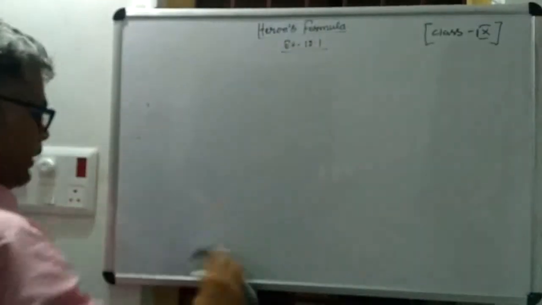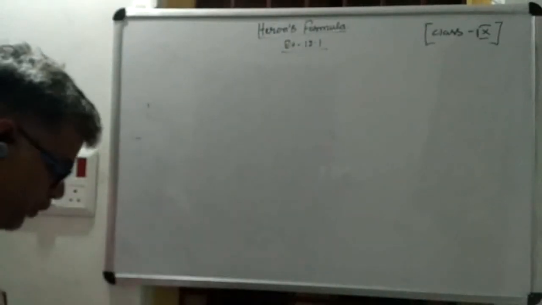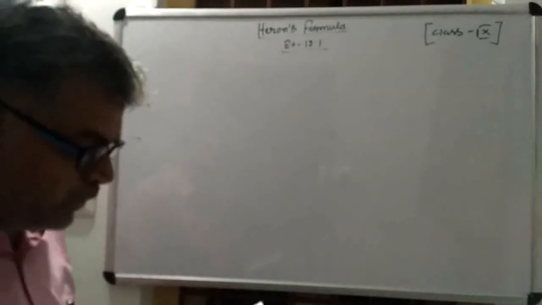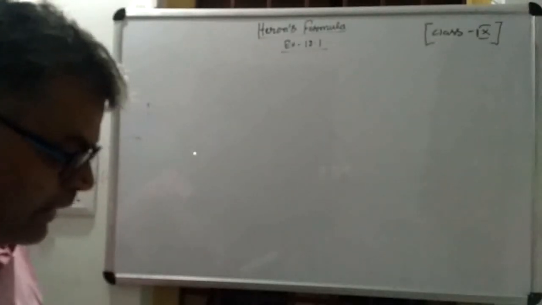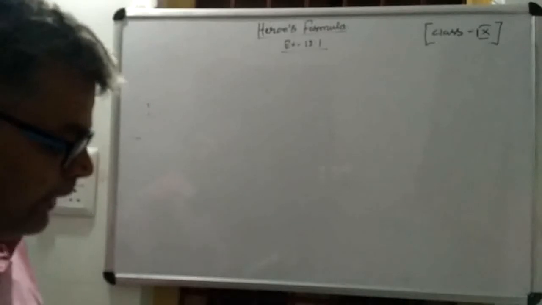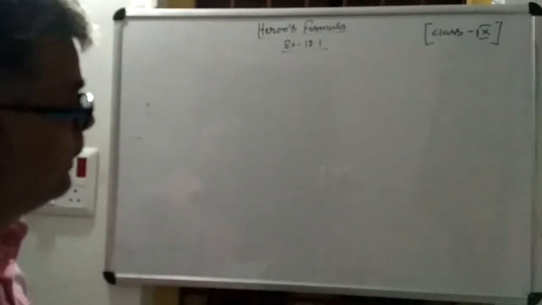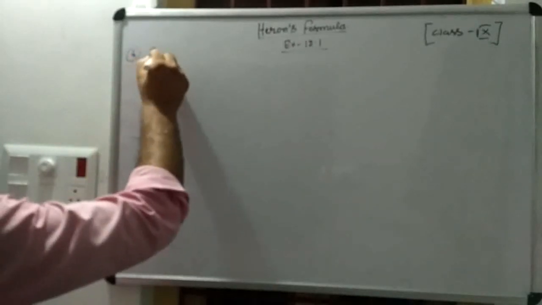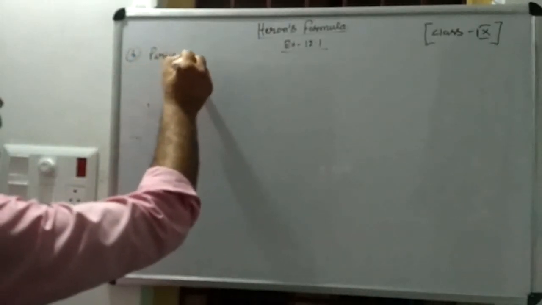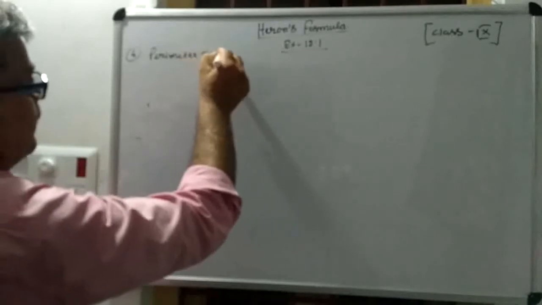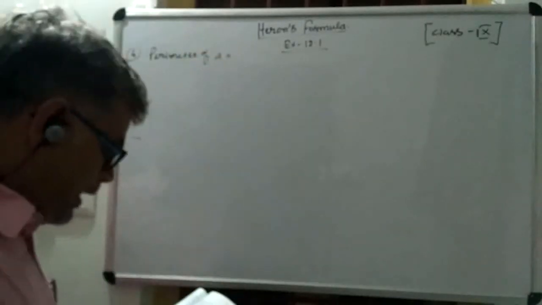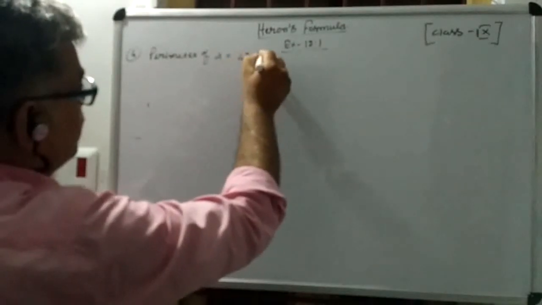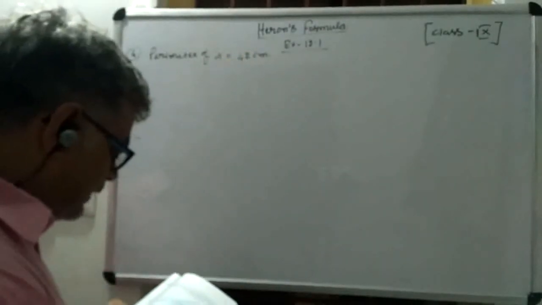So see question number 4. Find the area of a triangle, two sides of which are given, and the perimeter is given. In this question, you have the perimeter of the triangle. The perimeter is 42 centimeter, and two sides are given.